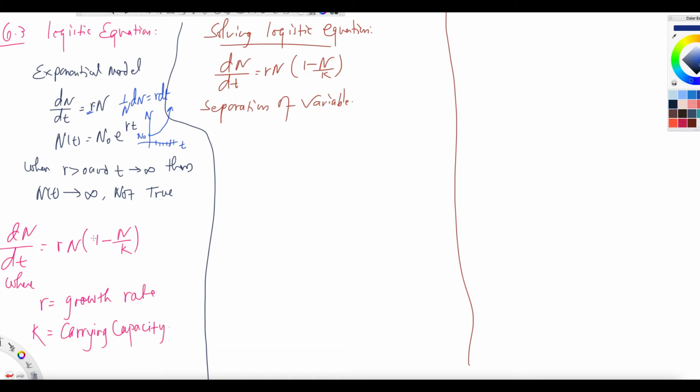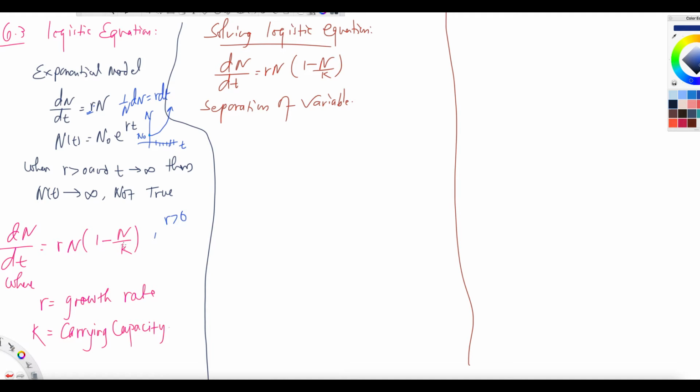Now you see what is happening here. If K is bigger than N, then N over K is less than 1, right? At that time 1 minus something less than 1 will be positive, and we are assuming that r is positive, okay?